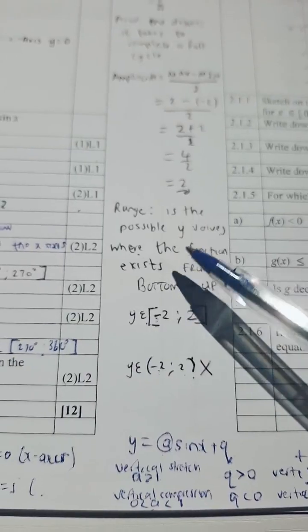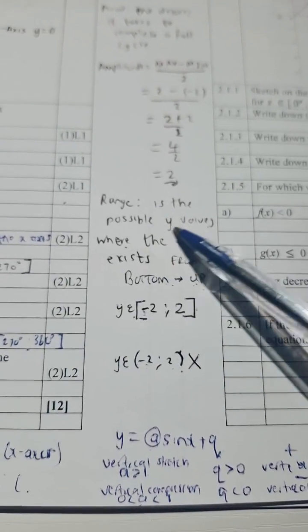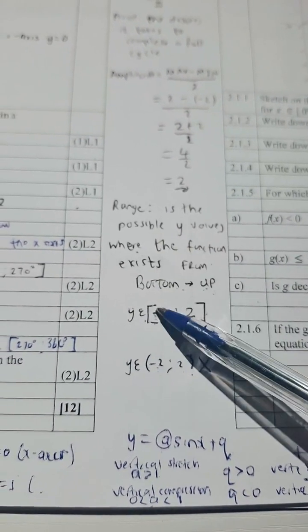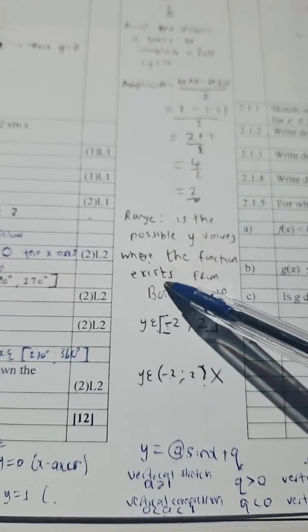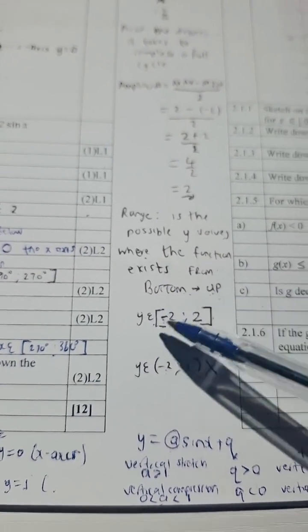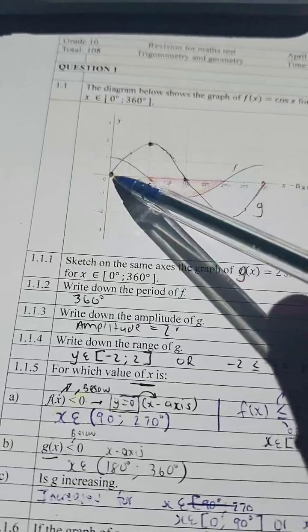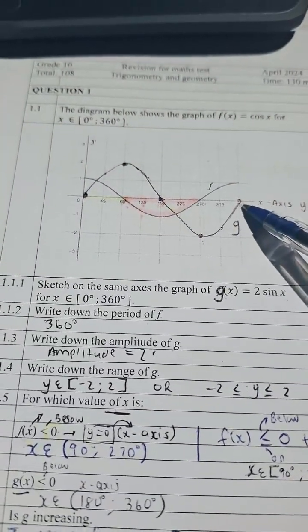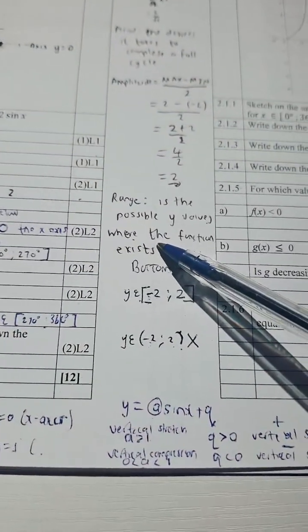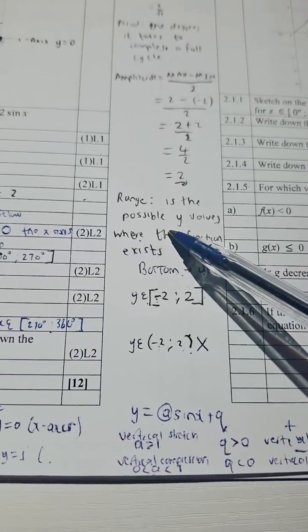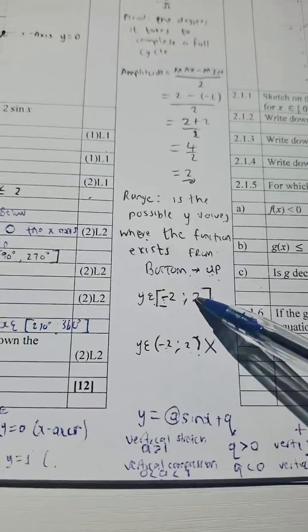Range has to be measured as that region where the function exists, looking at it from the bottom up. So we established that this function has the range y is an element of negative 2 to 2.